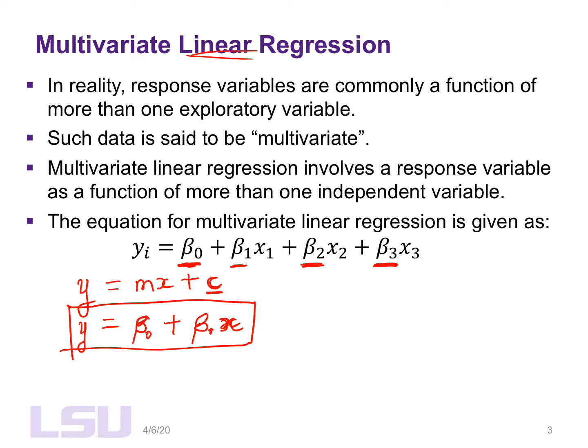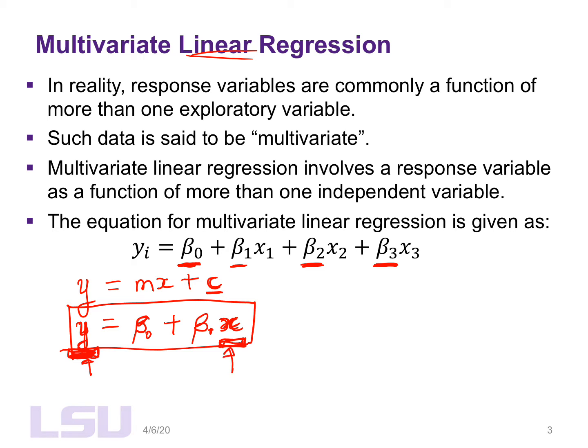So this is linear regression using the terms in this equation. There is only one independent or exploratory variable, and there is only one dependent or response variable. But in reality, we don't always have only two variables, meaning one exploratory and one dependent variable.